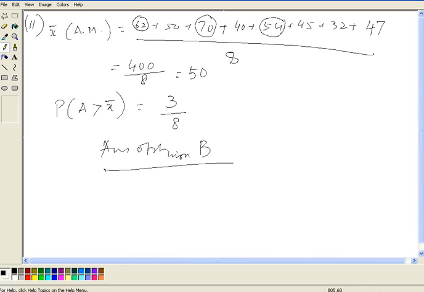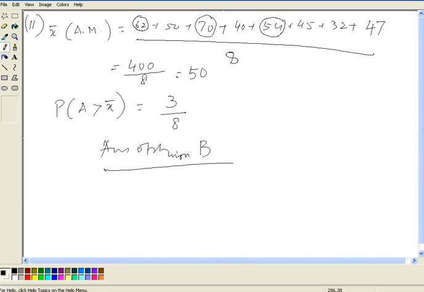You add all the wages of the 8 workers, and we find that the arithmetic mean is 50. It is asked that if you pick a worker at random whose wage is above the arithmetic mean, above the average, that is given by the notation probability of A greater than x bar, then we find there are 3 people who are above.